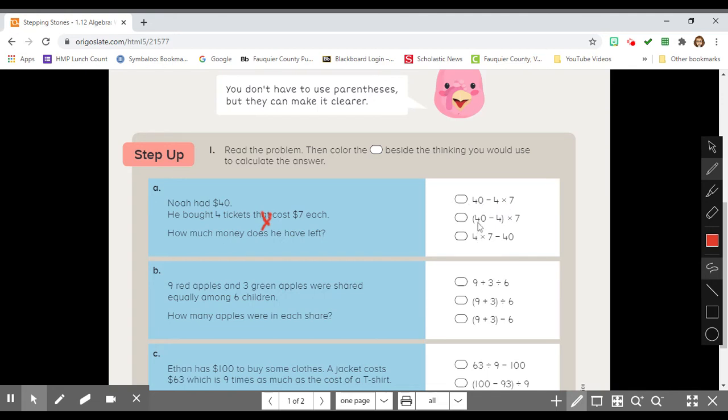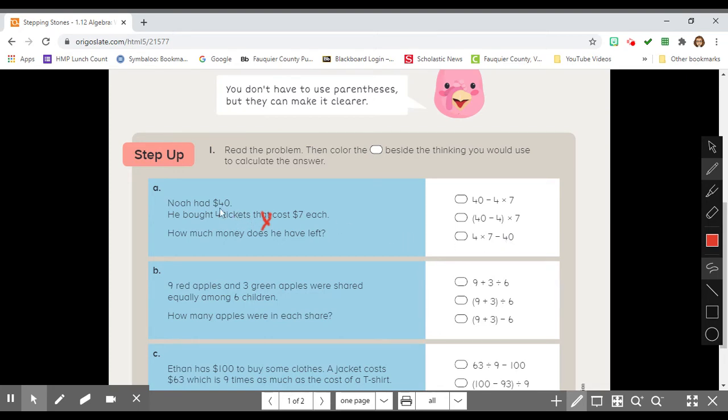So this shows me that 4 is being taken away from 40, not 4 times 7. This is showing 4 times 7, but then after I do 4 times 7, I'm subtracting 40.